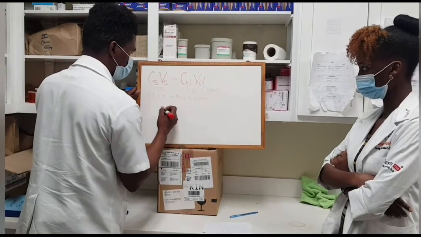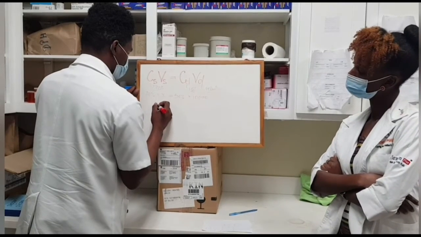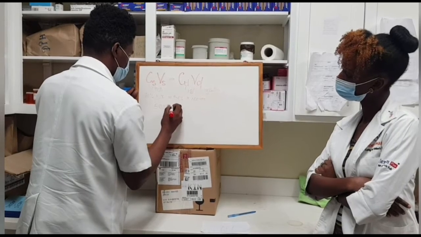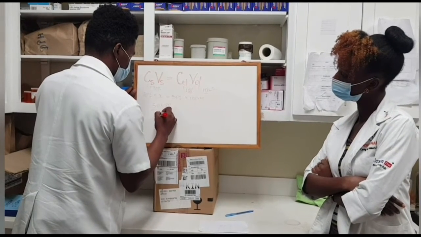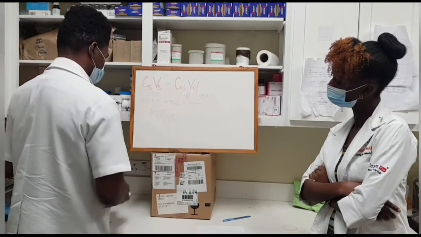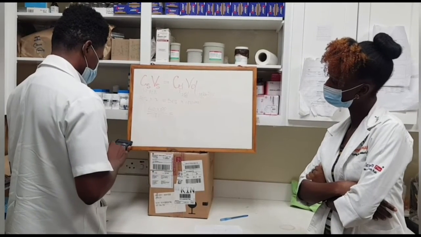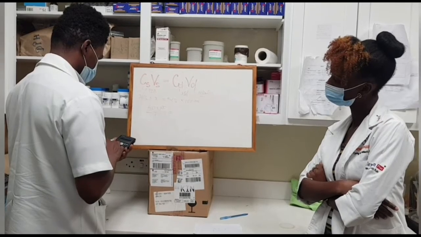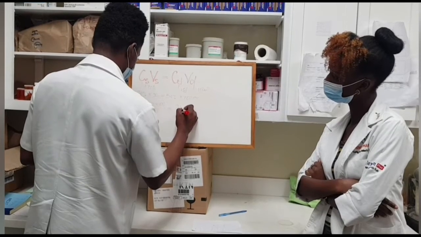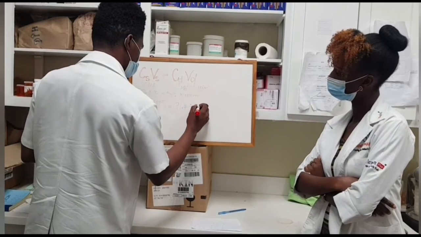Therefore, cross multiplication, it will be 50 times 100 divided by 70 is equal to 71.43 mLs.